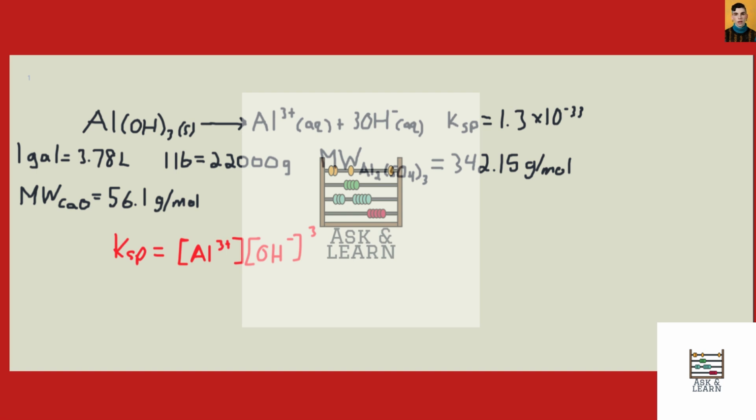Basically, this means that if the product of Al3+ and OH minus to the third exceeds our Ksp value, at that point we will start seeing precipitation.